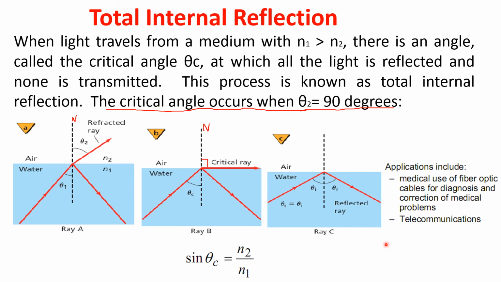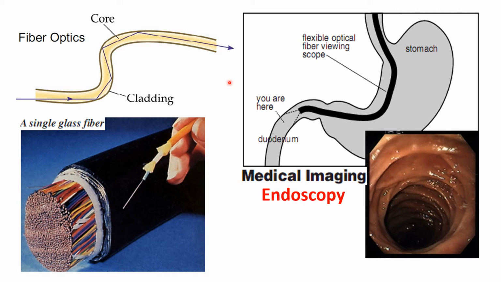The first one, the use of fiber optics in medical diagnosis, especially the diagnosis of gastric ulcers, and in telecommunication. Let us start with the use of total internal reflection in telecommunication. Here we have a fiber optic.